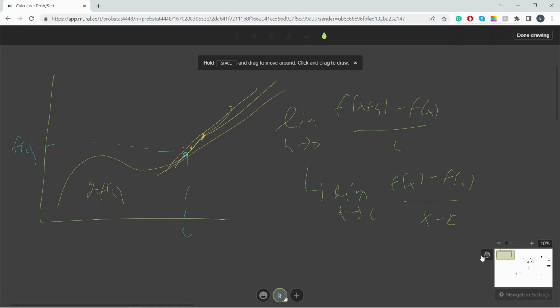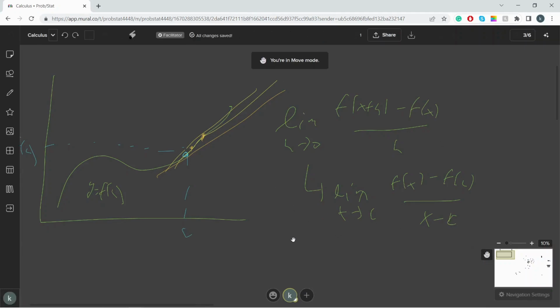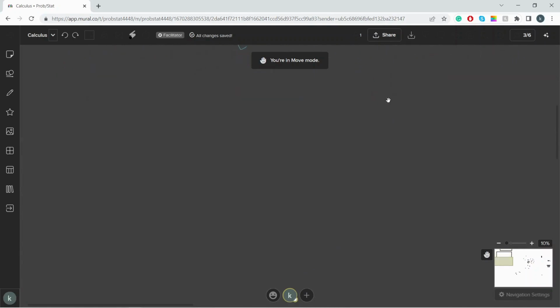So today in this video, we're going to see these tools in action with an actual function. And hopefully through this exercise, you will actually understand where this instantaneous rate of change really manifests itself.